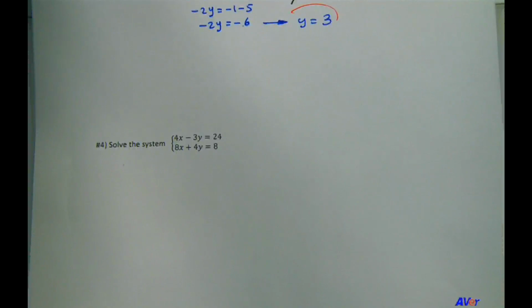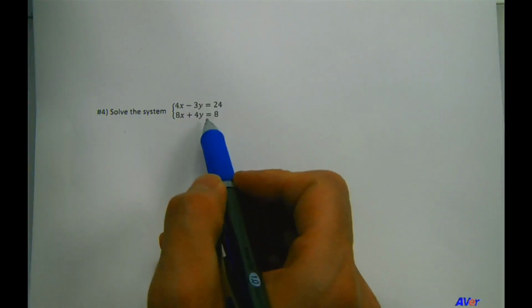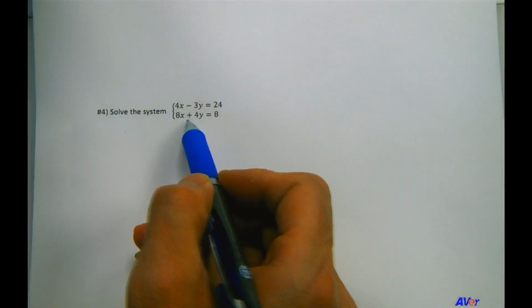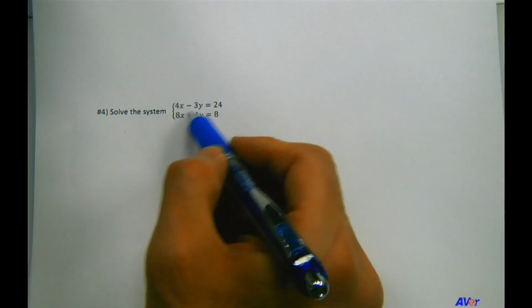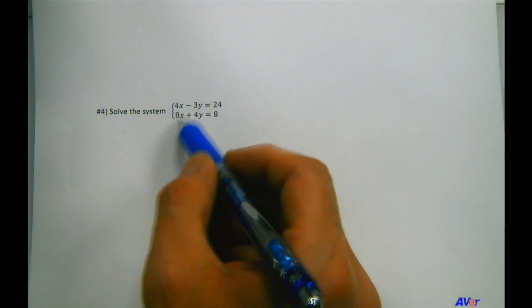Number 4, we have this system. Once again, I look at the coefficients to see which variable is easier to eliminate. So I'm looking at the x terms.